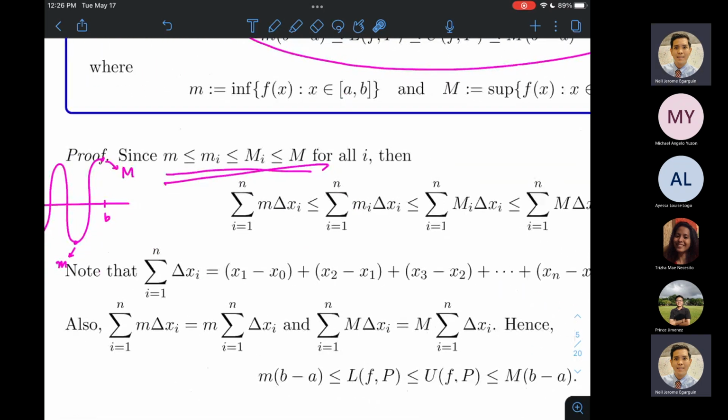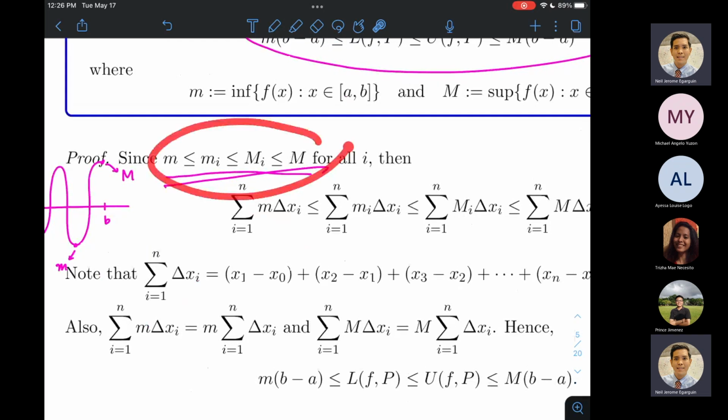Tapos, ang gagawin ko ay what? I'll just multiply everything by the length of the interval. Okay? So imultiply mo lang yan ng delta x sub i. Totoo pa rin yung inequality kasi nag-multiply lang naman tayo ng isang positive constant sa lahat ng sides ng inequality. So fix yan. Tapos, kukunin ko yung summation. Okay?